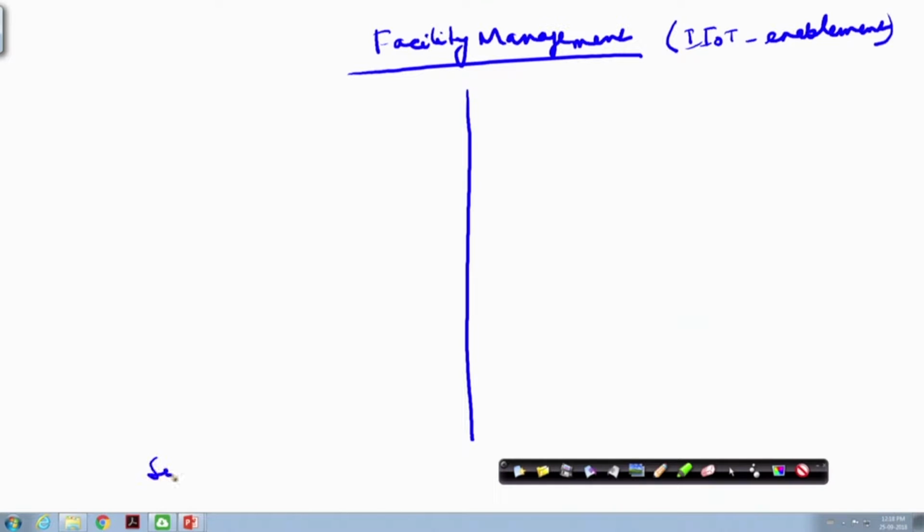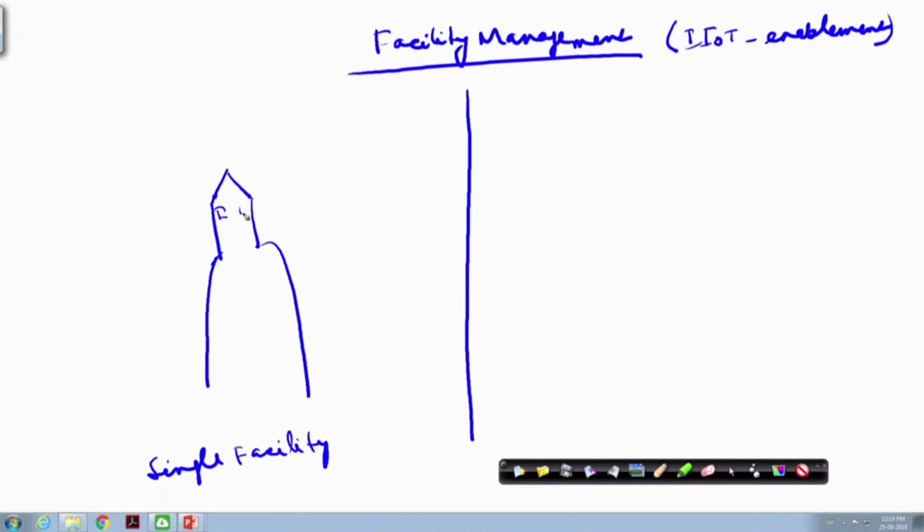It could be a single facility. Let us say that we have some kind of a building, a facility, having different floors, different rooms, and so on. This is a building.